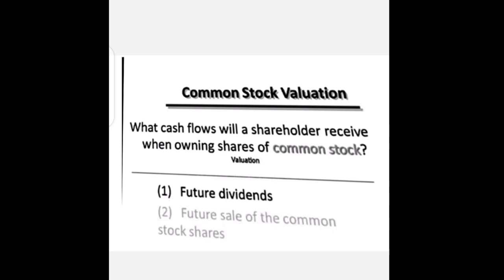The same return is provided to common stockholders, but there will be different valuations as these stocks grow over time. Some stocks grow over time, some stocks do not grow with the passage of time, and some grow with variability over time. We will discuss common stock valuation with the growth formulas in our next lectures.